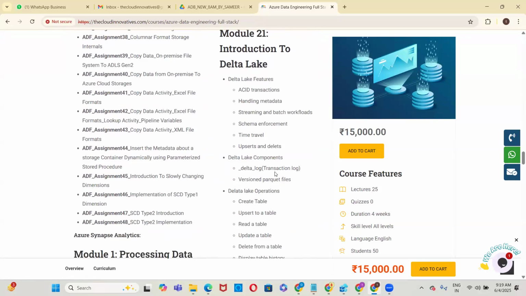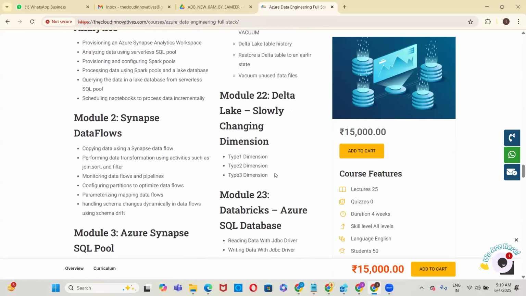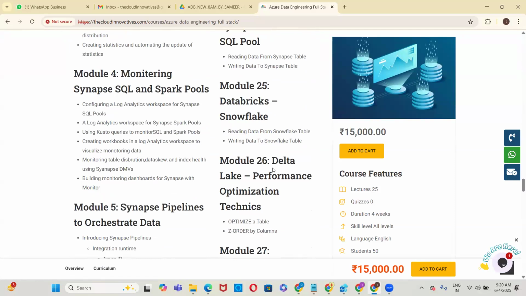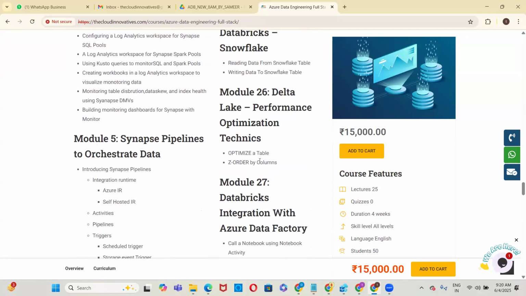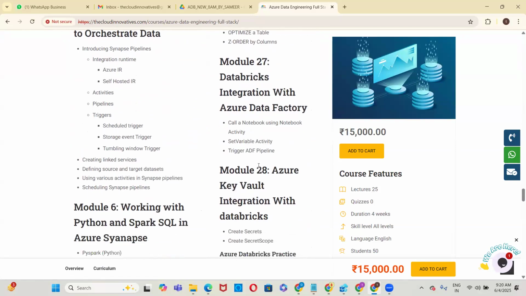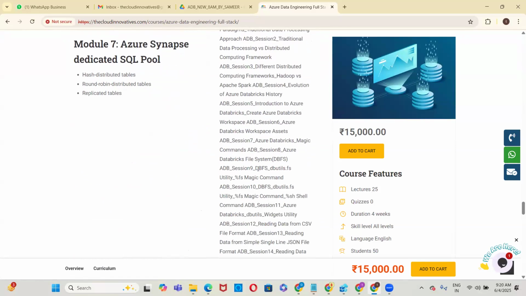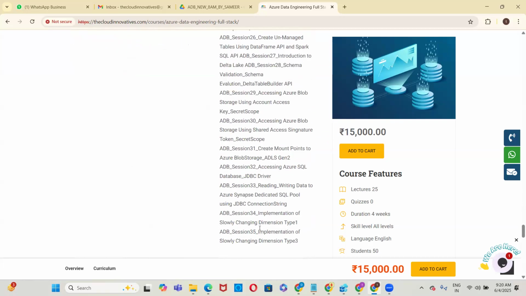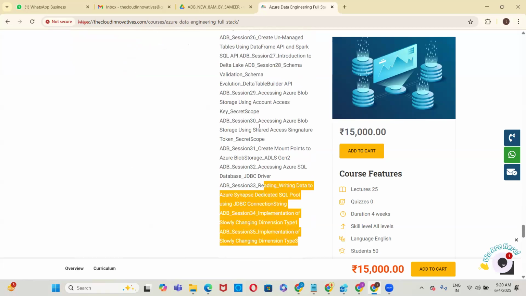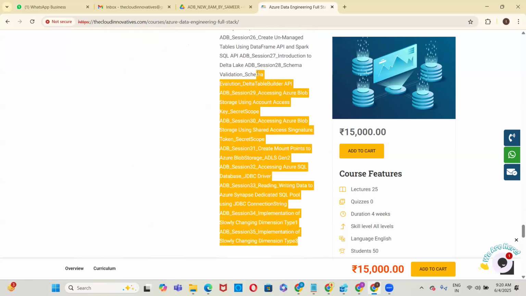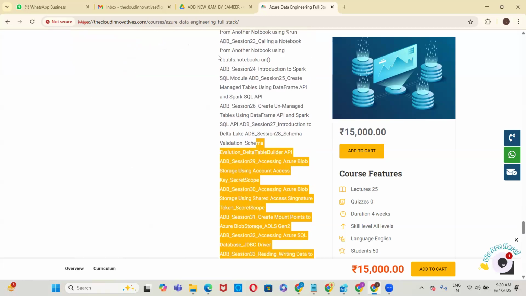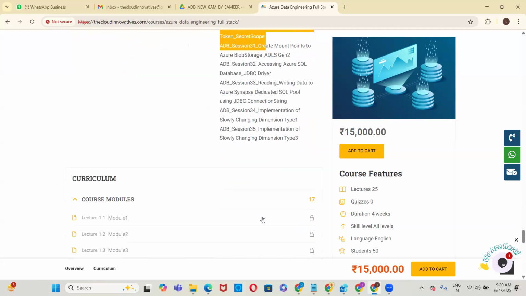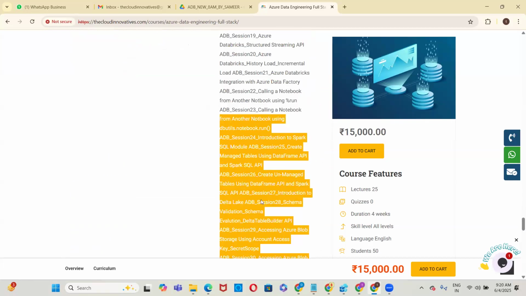And these are all the things you have, and basically the Snowflake, all this you can see. These are the sessions we are going to see, with details about the sessions, what each session consists of, the case study, and all this.